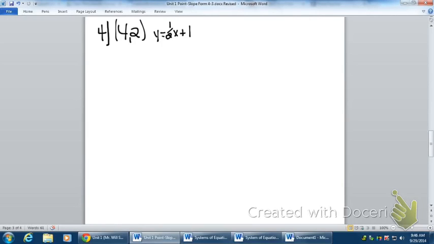Perpendicular has the reciprocal. So it's asking us to write an equation that passes through that point (4, 2) that is perpendicular to our y equals 1/2 x plus 1. So right off the bat, you know that your slope is going to be what? 1/2? Not 1/2. We're talking about perpendicular.